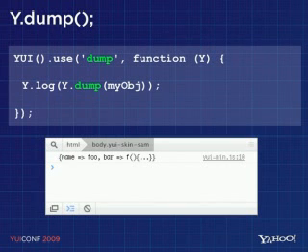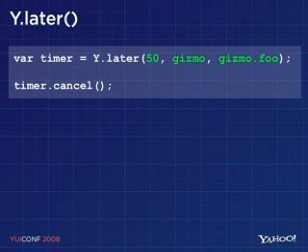The core also includes Y.later, and this is a nice interface to both setTimeout and setInterval. And the nice piece of sugar that later adds is the ability to call a function with a different context. So I have this instance of Gizmo and it has a foo method that I want to call via setTimeout, and I can use later to do that really easily.